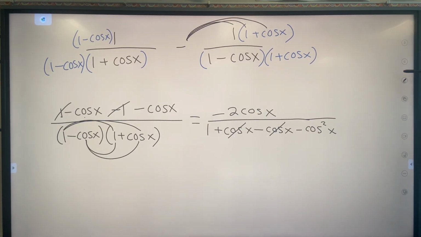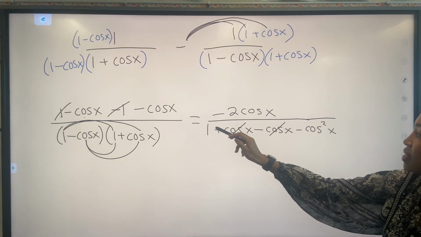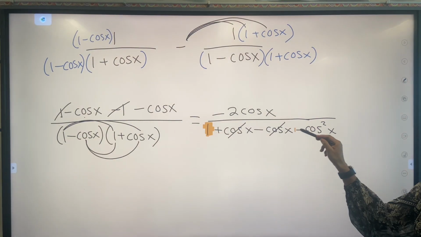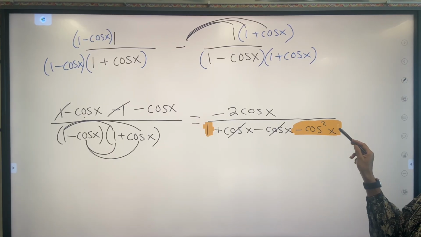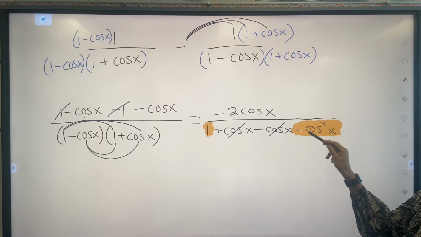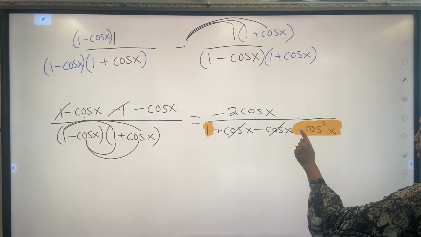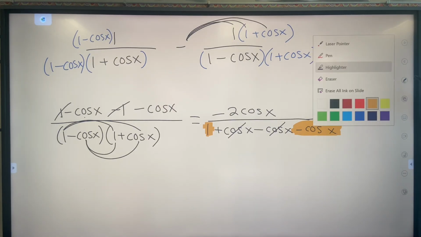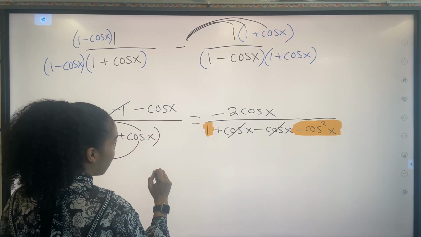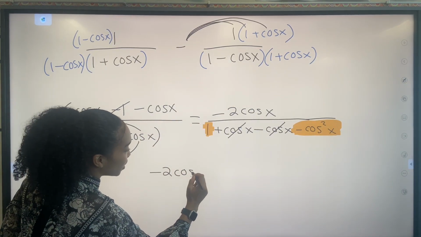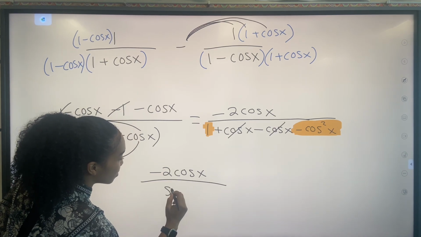And here, you should recognize the identity. 1 minus cosine squared. Look at your formula sheet under Pythagorean identities. What is 1 minus cosine squared equal to? Yep, I hear y'all whispering it. Sine squared. So you have this in the numerator, and this is in the denominator.